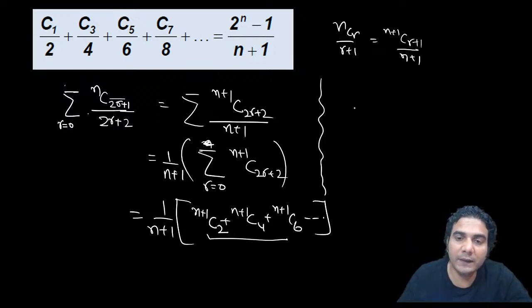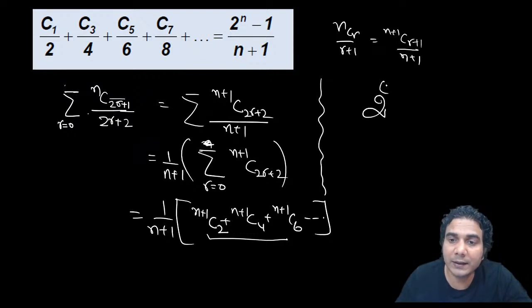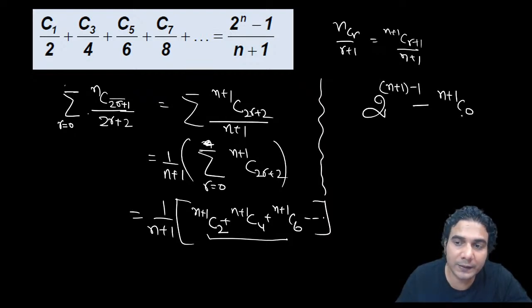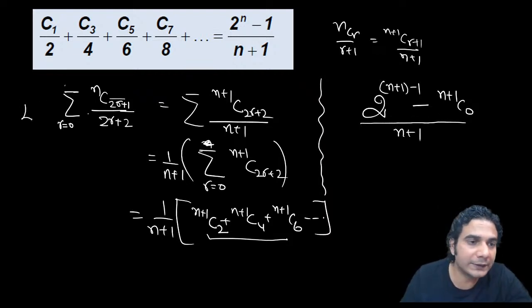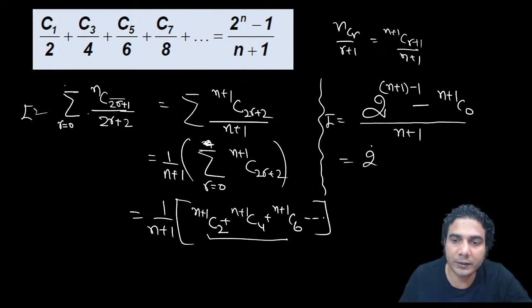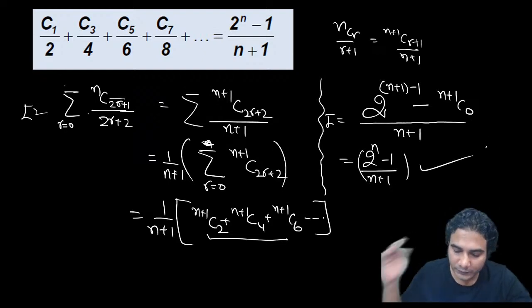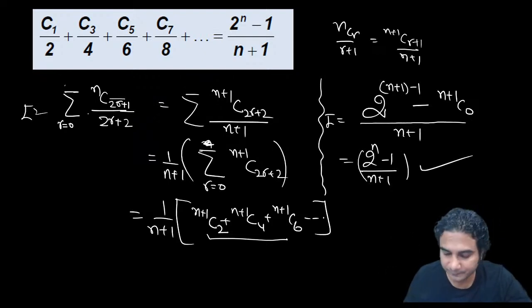If you have all even binomial coefficients, then the sum is 2 raised to n plus 1 minus 1, that is 2 raised to n. But you'll have to subtract the missing term. The missing term is n plus 1 C 0, which is 1. So that is going to be the sum divided by n plus 1. Let's take this equal to I. So this is your I: 2 raised to n minus 1 divided by n plus 1. So in this way you can solve it, all right?